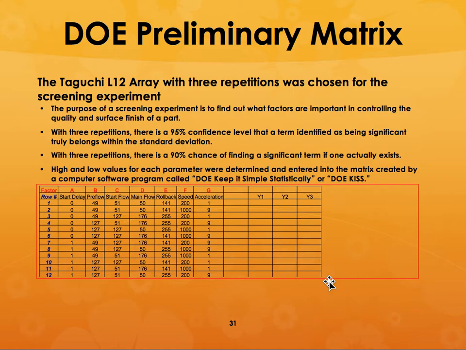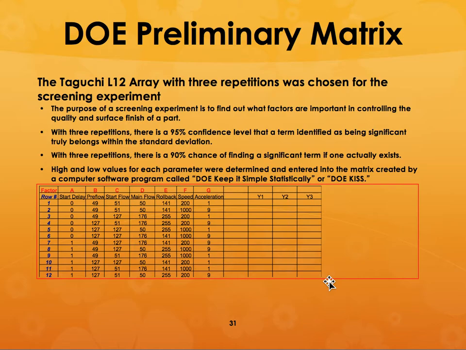So we used a software called, you may laugh at this, Keep It Simple Stupid, or KISS. Actually, it's Keep It Simple Statistically, but we used to call it Keep It Simple Stupid.